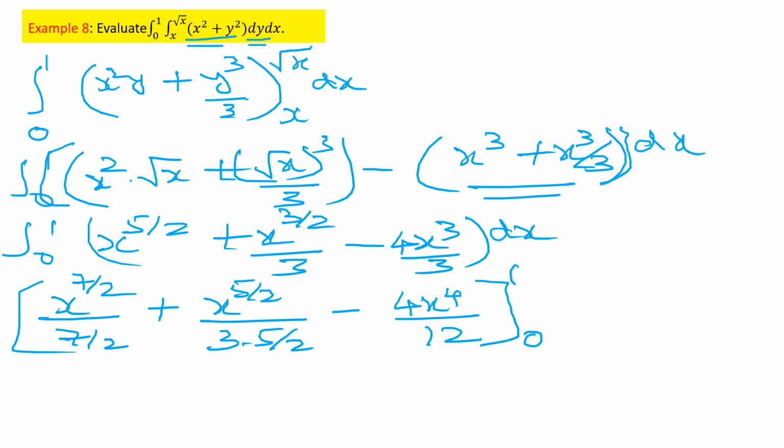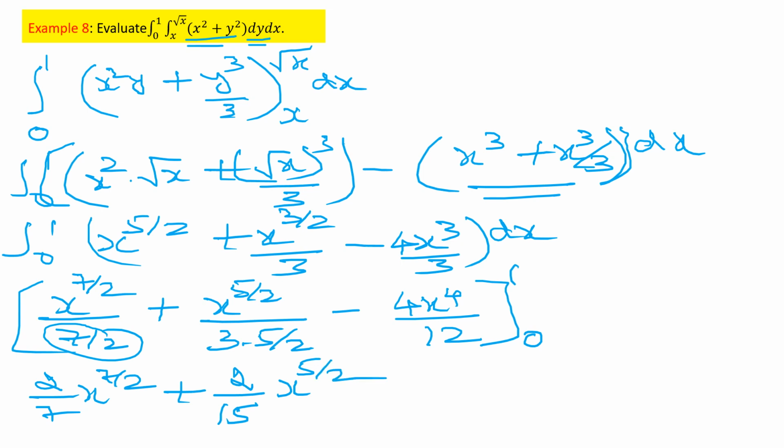Before substituting, let me rearrange this. Here the 7 by 2 will become 2 by 7 x power 7 by 2, plus in the second term 2 by 15 x to the power 5 by 2, minus x power 4 divided by 3, between the limits 0 and 1.